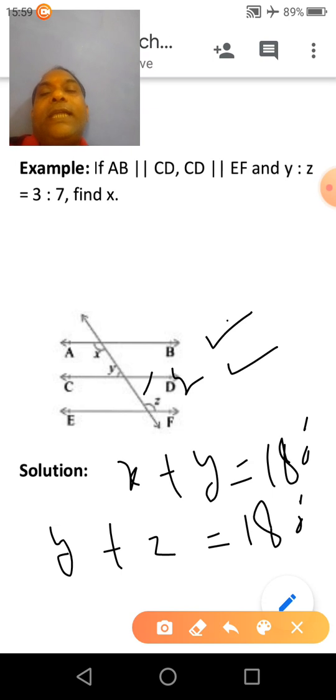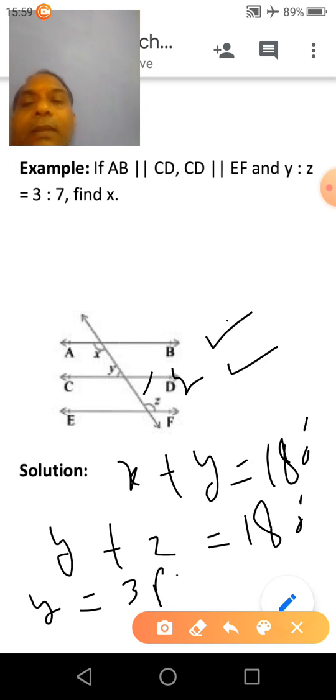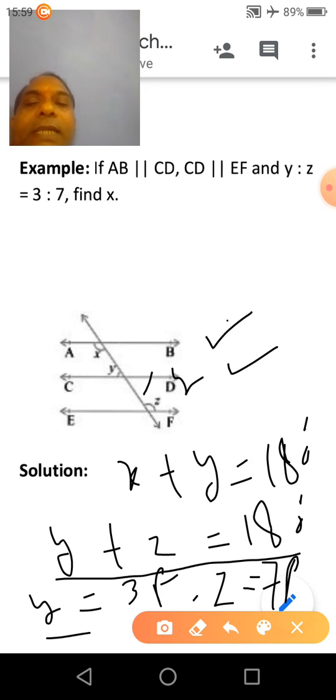Now Y is to Z is equal to 3:7. So let the ratio be P. So Y will be equal to 3P and Z will be equal to 7P. Clear? So put the value of Y and Z in this equation. Y plus Z is equal to 180.